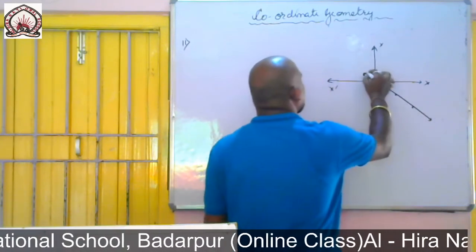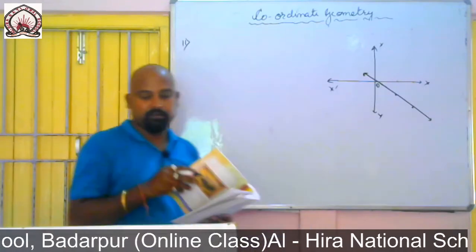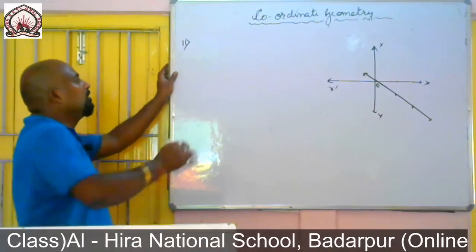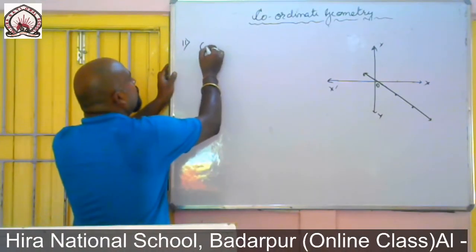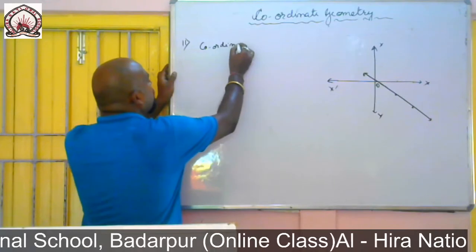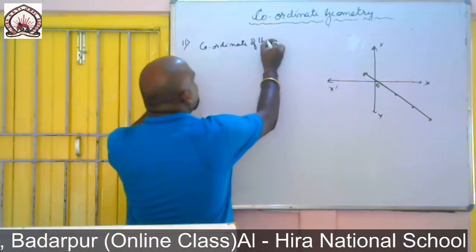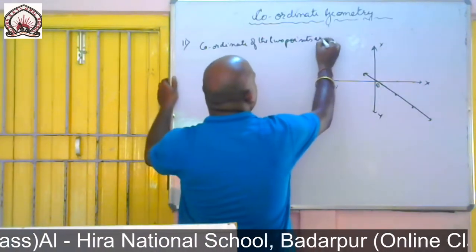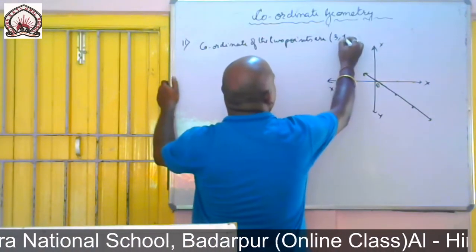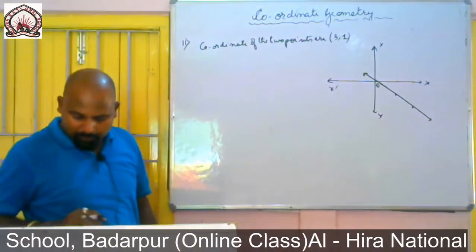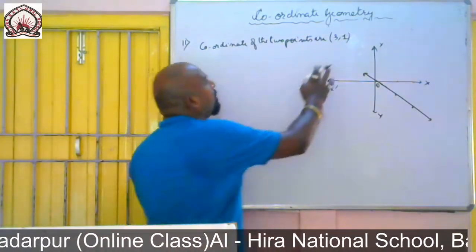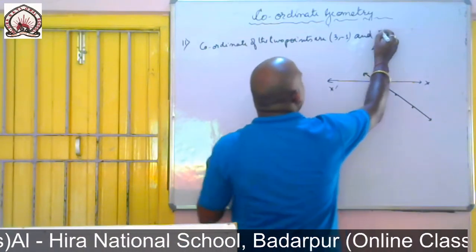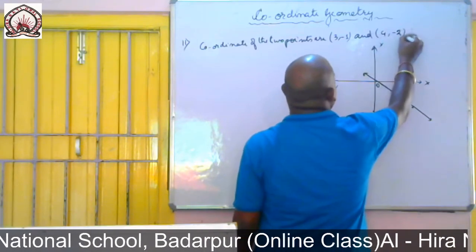So the coordinates of the 2 points are 3 comma minus 1 and 4 comma minus 2.